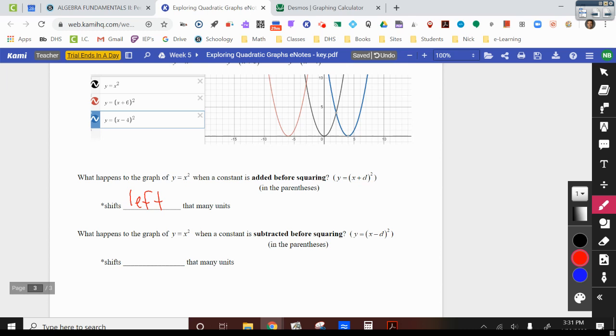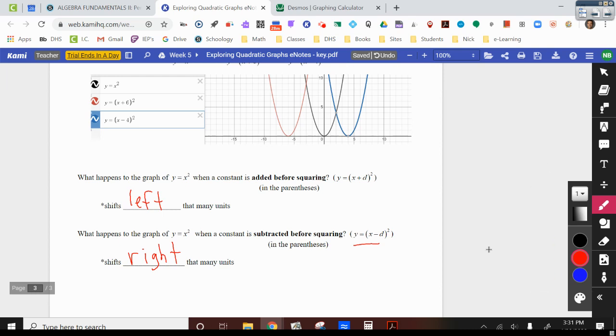And what happens to the graph of y equals x squared when the constant is subtracted before squaring, in parentheses? It's going to be shifted to the right that many units. If you're writing notes down, maybe write this base example here: when you add before squaring, it shifts left, and when you subtract before squaring, it shifts to the right.